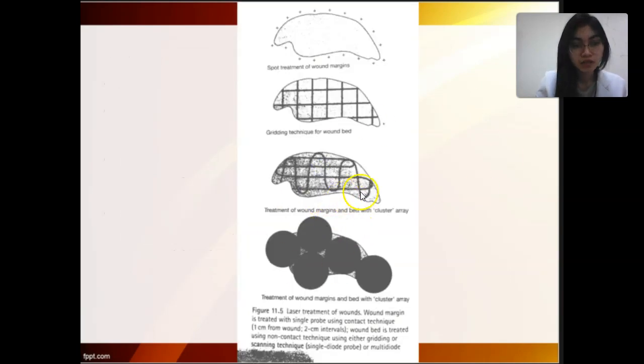Okay, so this is just a picture. So, yung treatment over the wound margin, no? Parang ganyan. May picture pala tayo dito. Nagpakahirap pa ako kanina. Okay, I forgot. Yan yung certain points. No? Kunwari, 30 seconds dito, 30 seconds dito, 30 seconds dito. Depende dun sa dosage na makakompute.